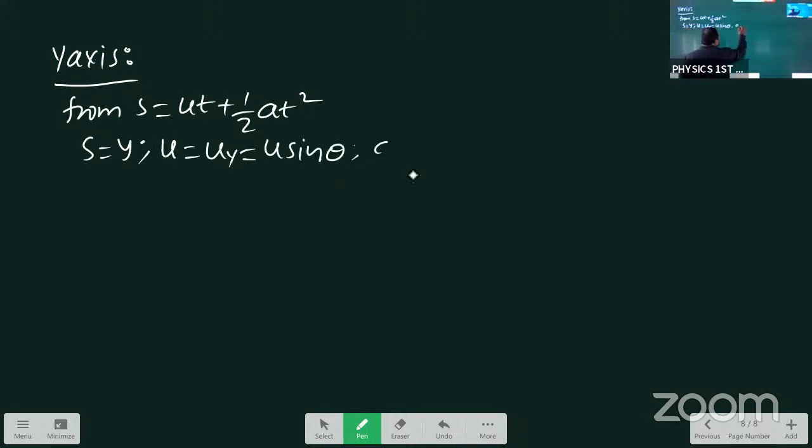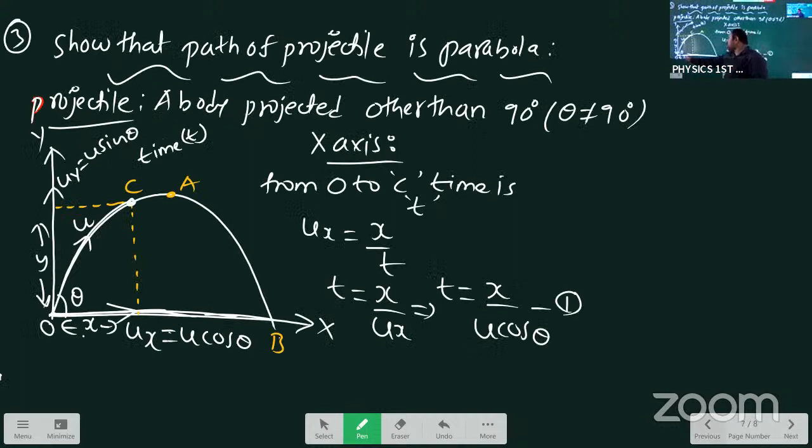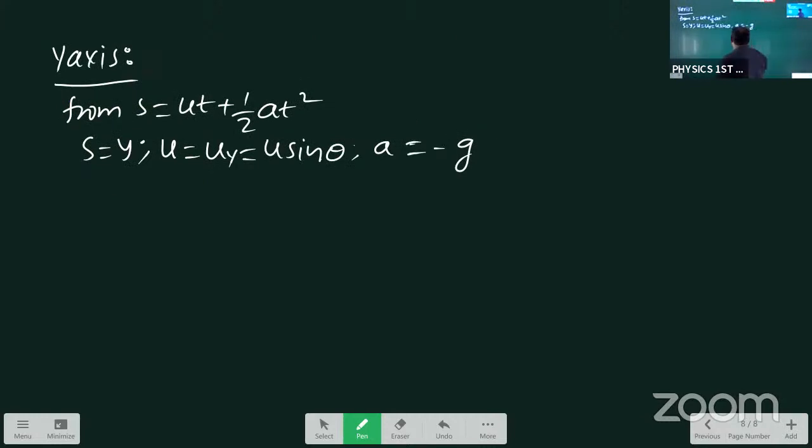A is the acceleration due to gravity, but minus g. Why are we taking minus g? Because the body is moving opposite to the ground, against gravity, upwards, so the minus sign convention, and g slowly decreases the velocity. Then what is the t value here? x by u cos theta. So t equals x by u cos theta.